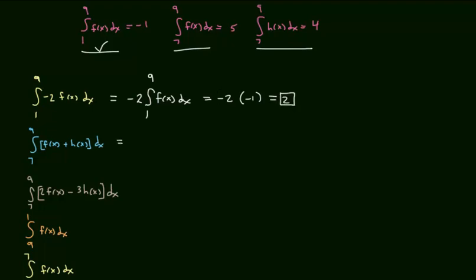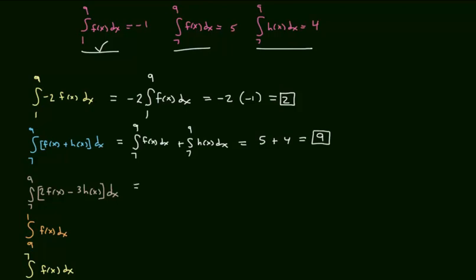So that's going to be times a -1, and the answer to that is 2. And the second one, the purpose of this is to show that we can break this integral into sums, just like we did before with indefinite integrals. And from above, from 7 to 9 of f is the 5, and from 7 to 9 of the h is the 4. Add those together, we get 9.